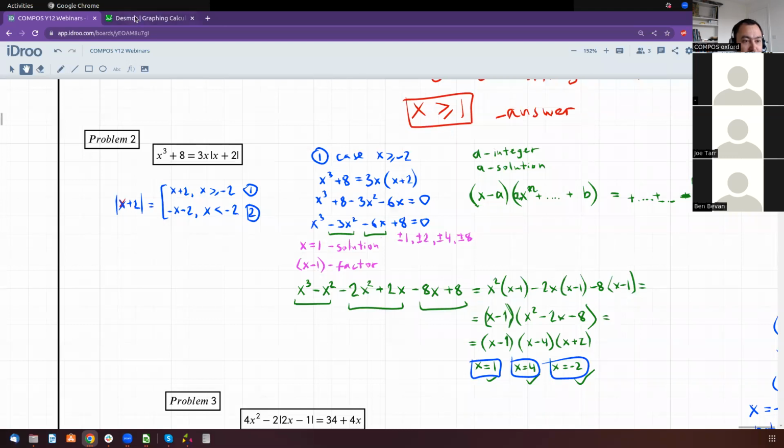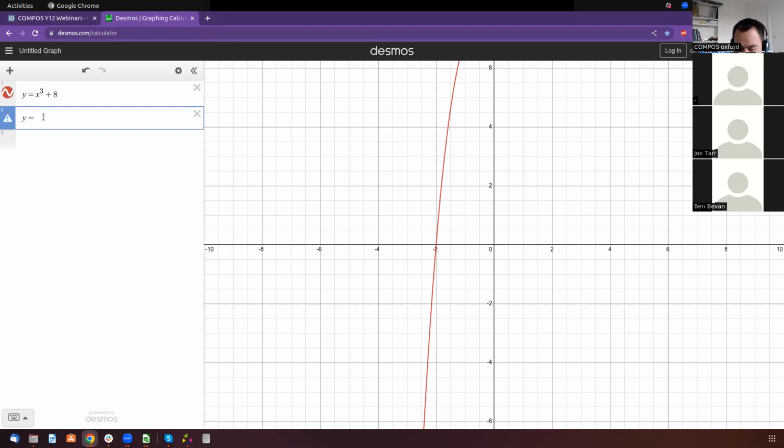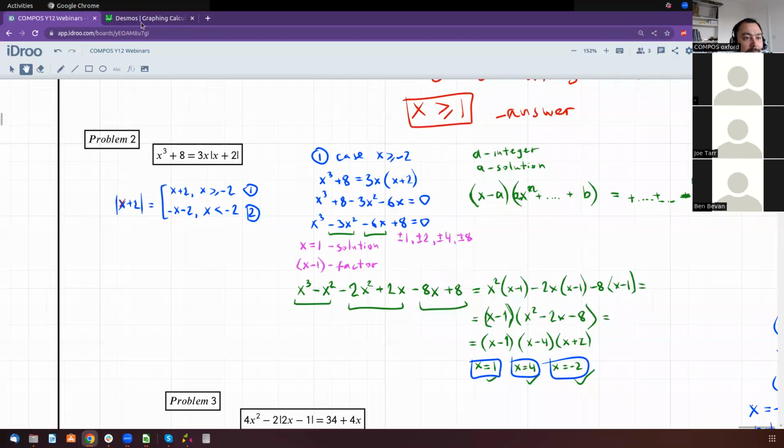So y equals x cubed plus 8, that's the first one, and y equals 3 modulus of x plus 2.